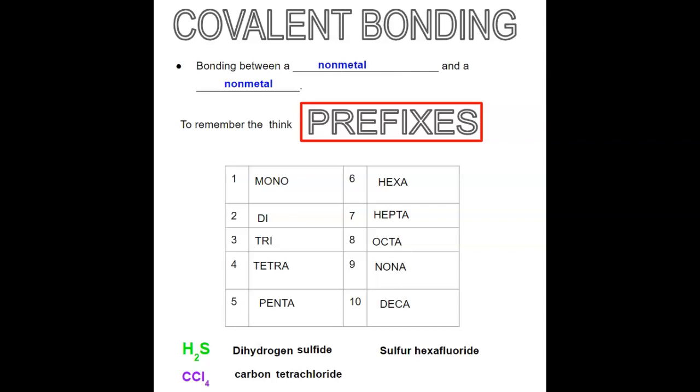Sulfur has no prefix, so it's just 1, and hexa means 6, so SF6. Diphosphorus pentaoxide, or pentoxide: di would mean 2 phosphorus, and penta is 5 oxygens, so P2O5.